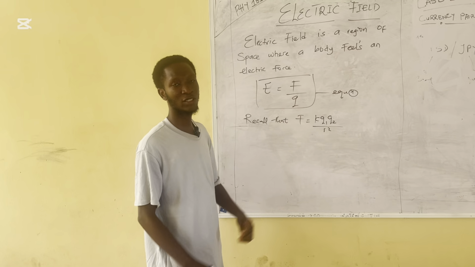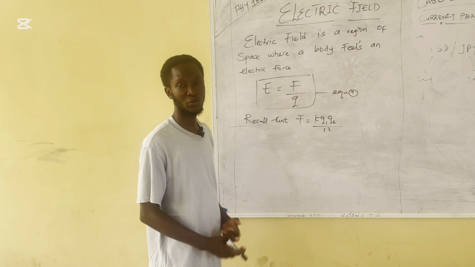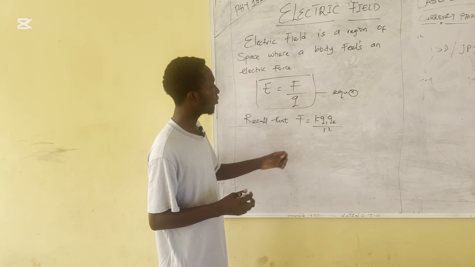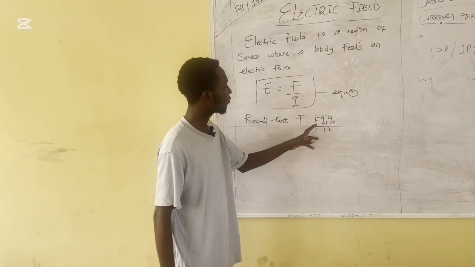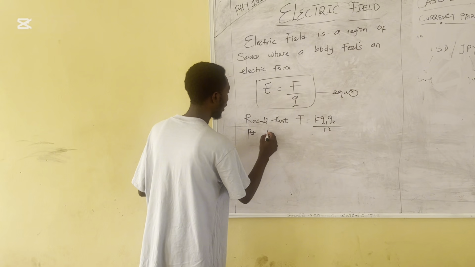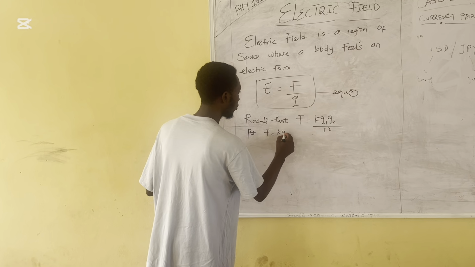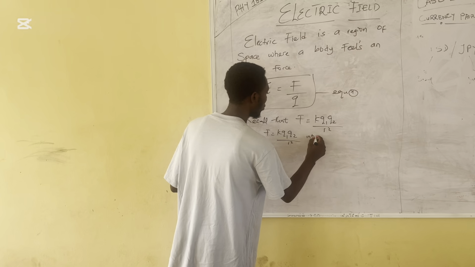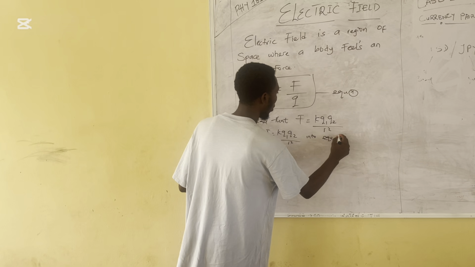So this is the formula for F. Can't we put this force into this formula? So let's do it. Put F equals KQ1Q2 over R squared into equation 1.